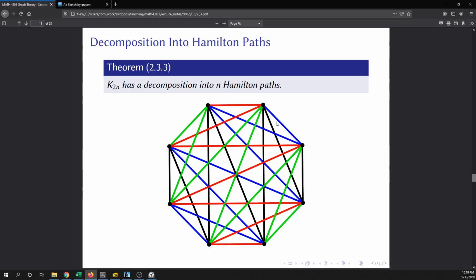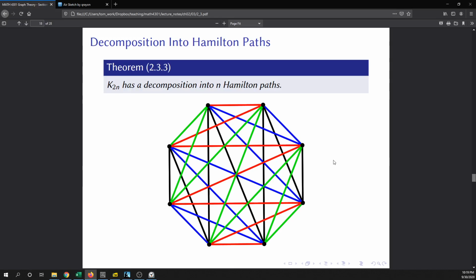So there's the 4 paths guaranteed by this theorem here. Okay, and here you can see that you could have many different Hamilton paths in a graph, and therefore many different paths of the longest length in the graph itself.